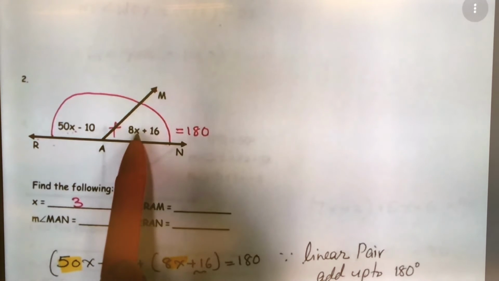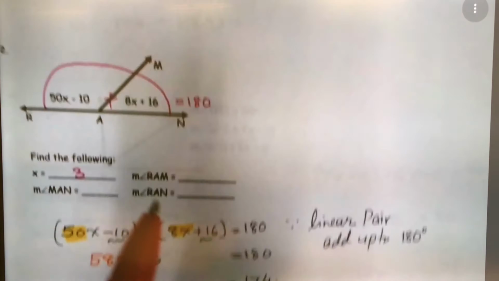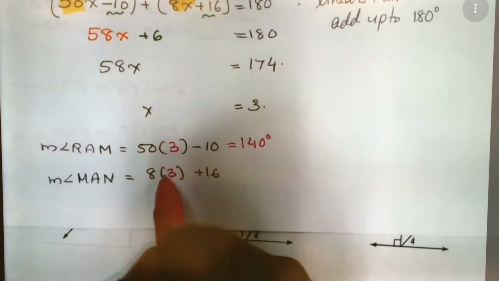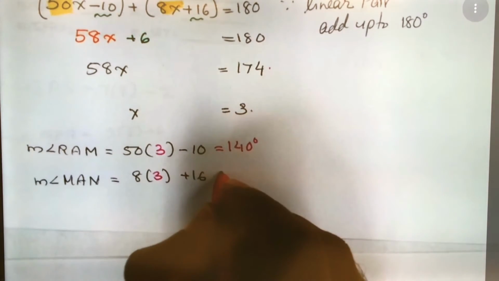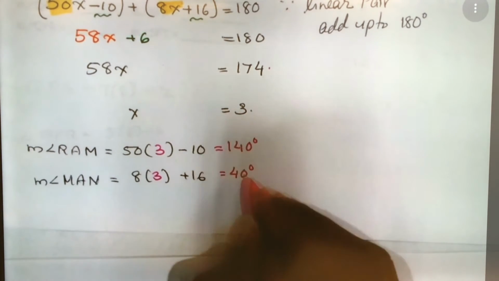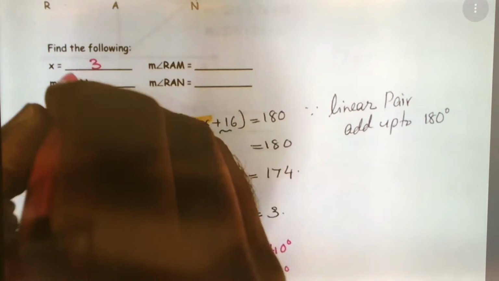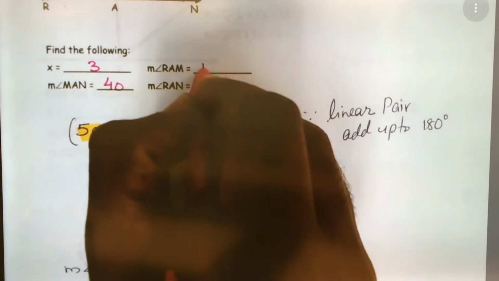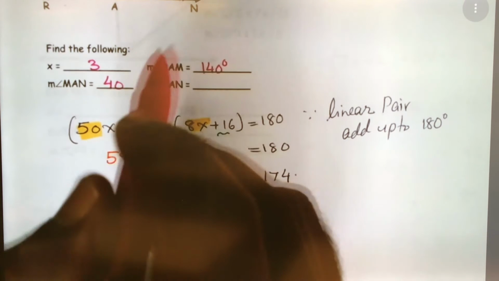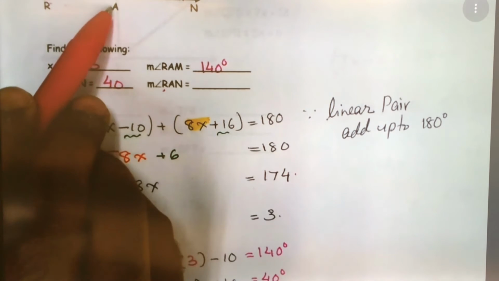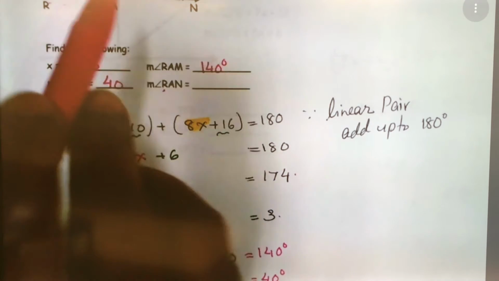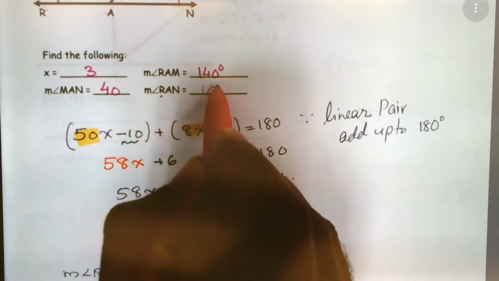Plug in 3 for x: 8 times 3 plus 16, so you get 40 degrees. So that is 40 degrees here, and this is 140 degrees. So how much is the measure of angle RAN? That's the whole angle, that becomes 180.